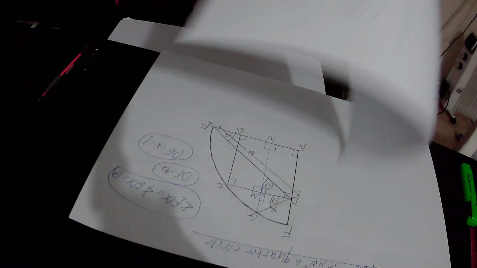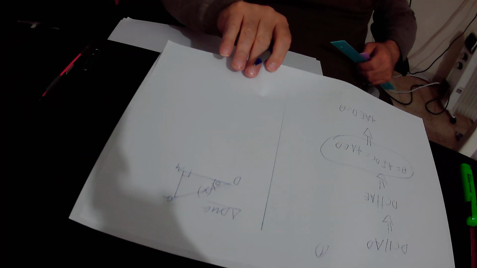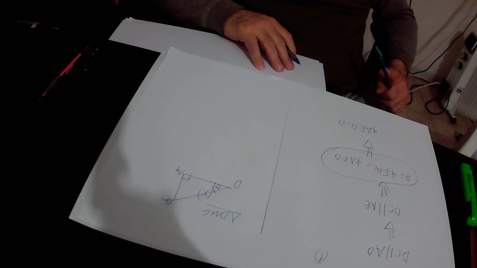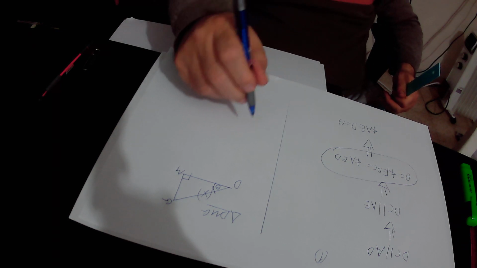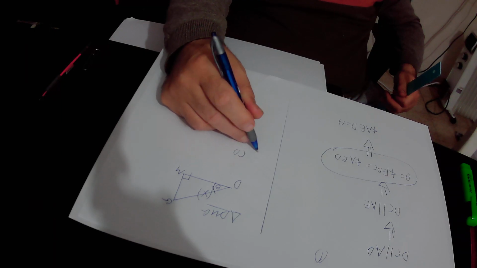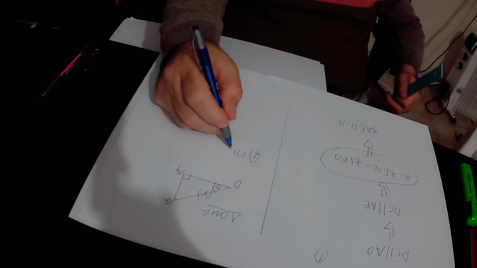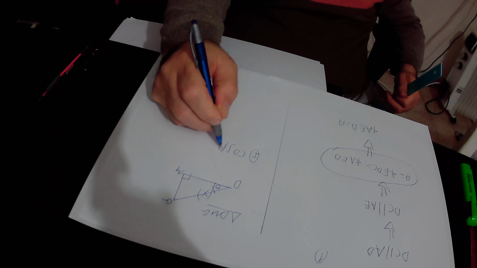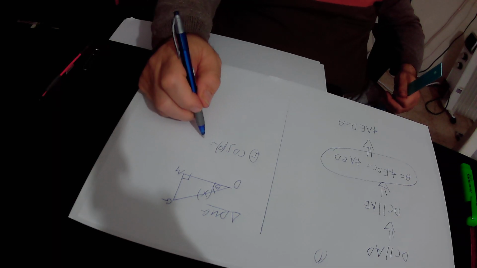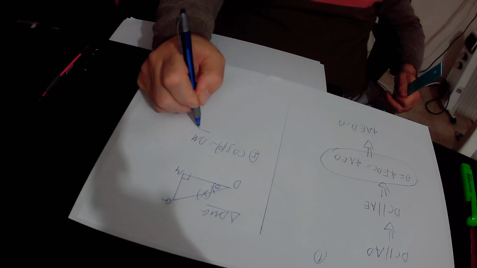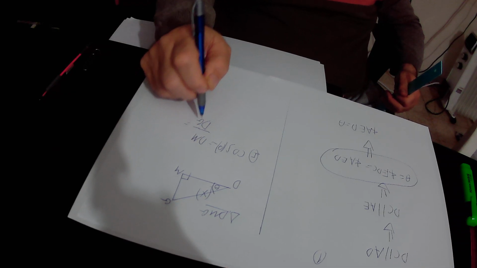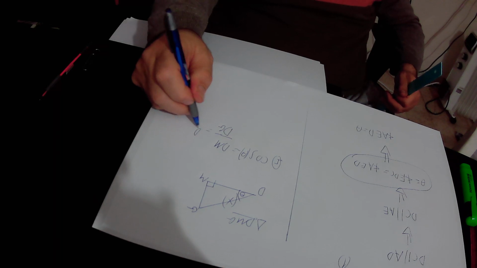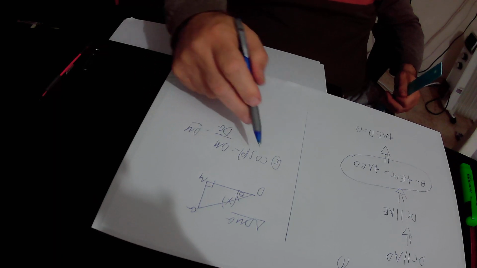This is the right triangle DMG that I copied from the original drawing. In this triangle DMG, cosine theta equals DM over DG.